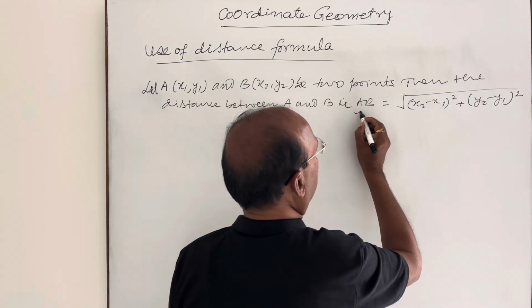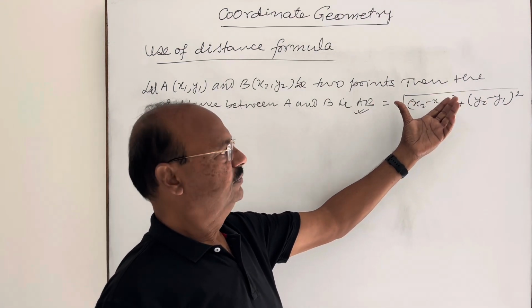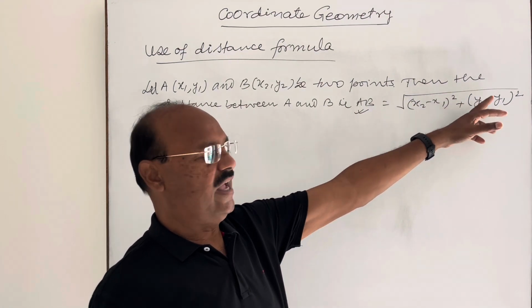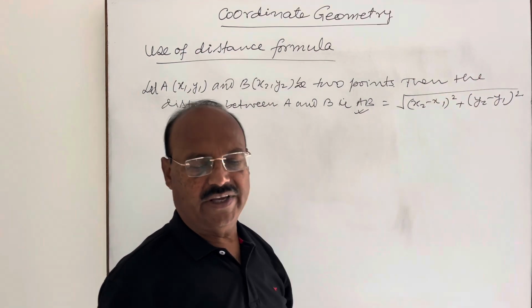This is known as the distance formula: square root of the sum of the squares of the difference in x coordinates and the difference in y coordinates.